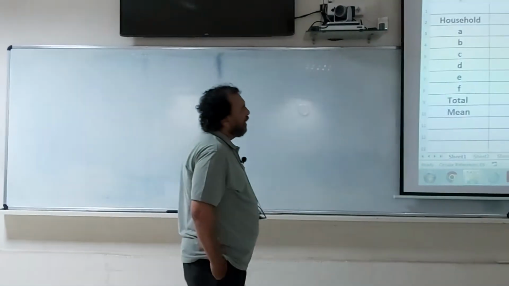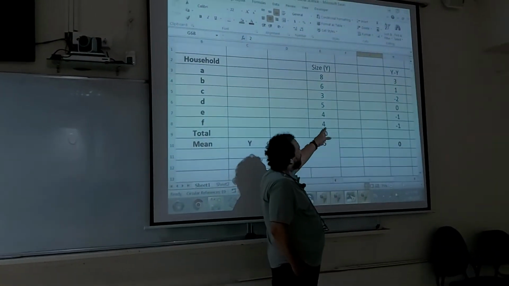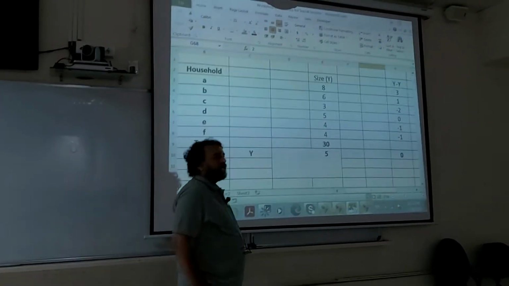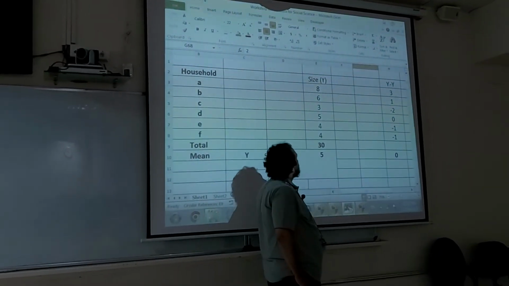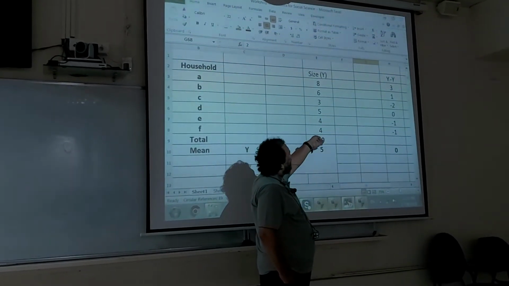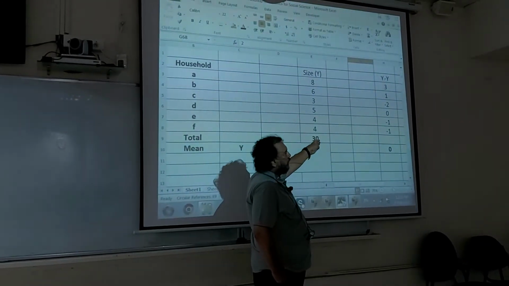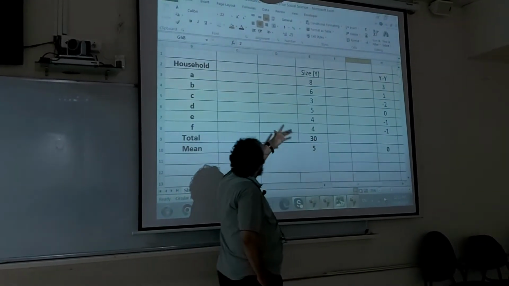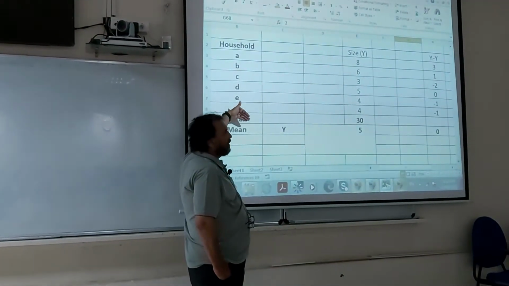So to begin with, let us look at a hypothetical population. This population is really very small. It is deliberately kept small because then we will be able to meaningfully understand what it means to relate all possible samples on the one hand and the population on the other. So this is a population of, say, households, A, B, C, D, E, F, the 6 households.